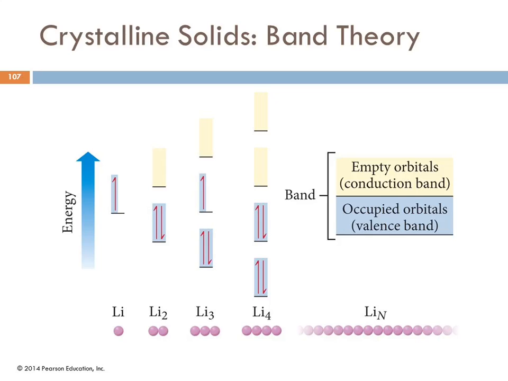In metals, there's no separation. In insulators, there's a big separation, and in semiconductors, it's in between. So the presence of the gap between the antibonding and the bonding is not reflective of the number of atoms in the solid, but on the kind of atom. So it's a very good question.